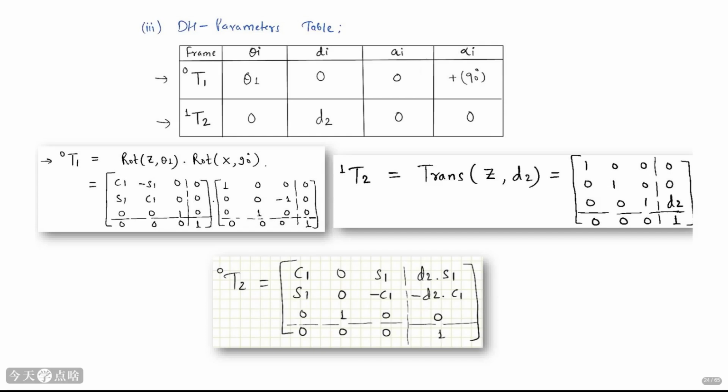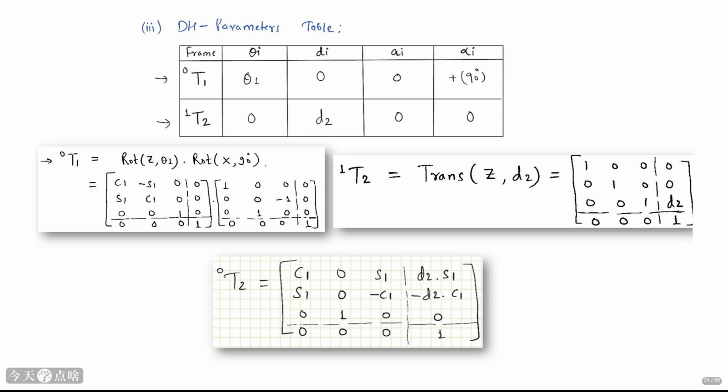Continuing with the mixed joint type example. The DH parameter table confirms the setup. Theta 1 is variable, d1 equals 0, a1 equals L1, alpha 1 equals 90 degrees. For joint 2, theta 2 equals 0, d2 is variable, a2 equals 0, alpha 2 equals 0. The transformation matrix 0T1 now includes a rotation around the x-axis due to alpha 1 equals 90 degrees.